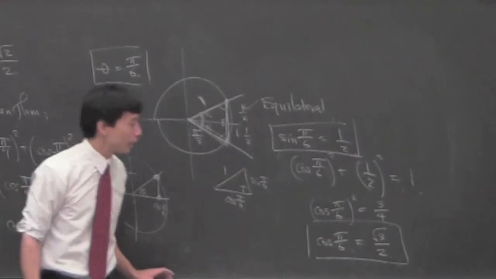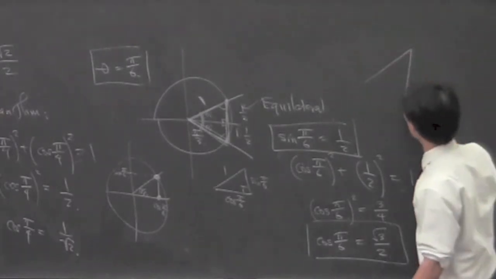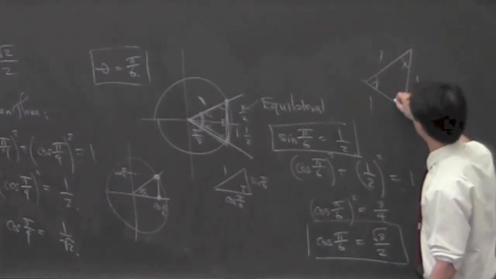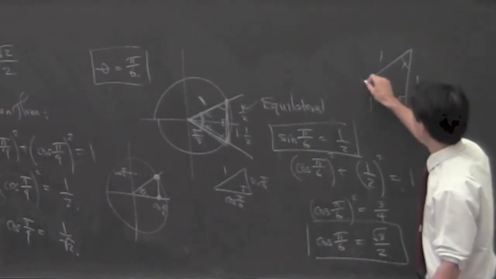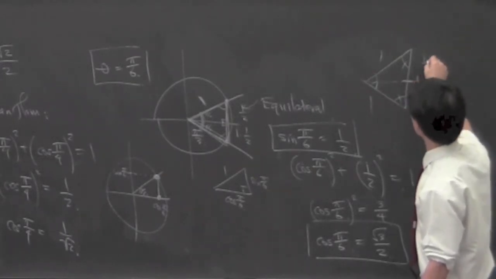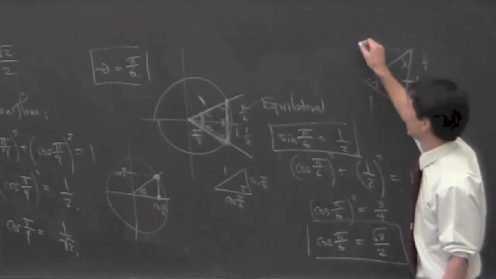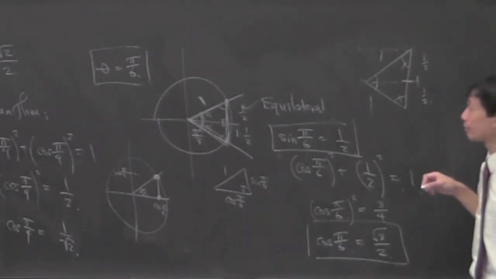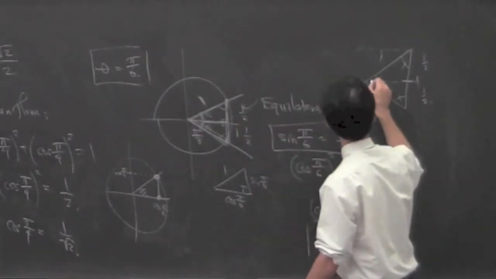I'm kind of confused with how, I'm just trying to look at this in terms of the bigger triangle. Yeah. So you got this big triangle, you notice that it's an equilateral triangle, so all the lengths are 1. And then we notice each of these lengths is a half. So we know the sine. The cosine is the length of this guy here.